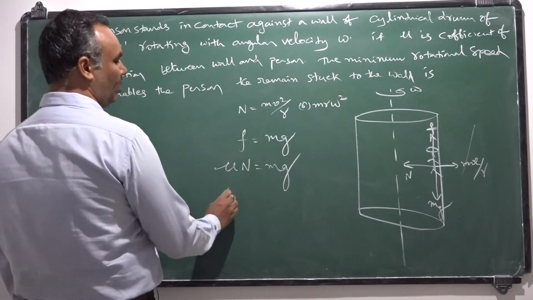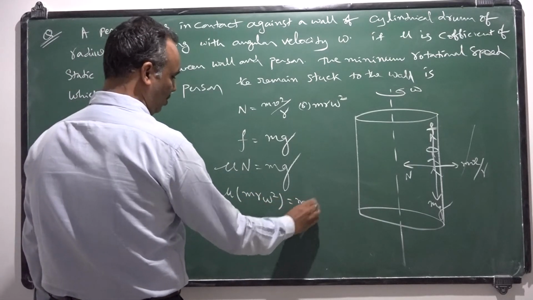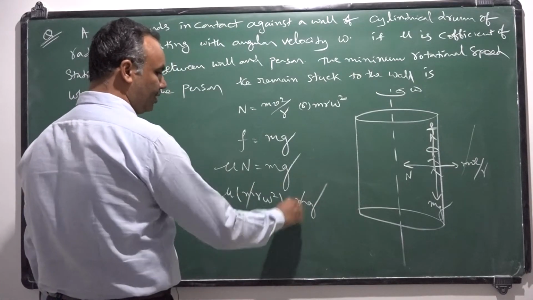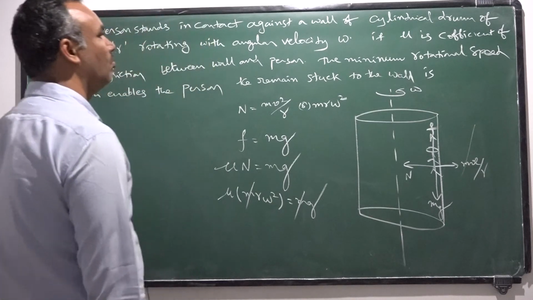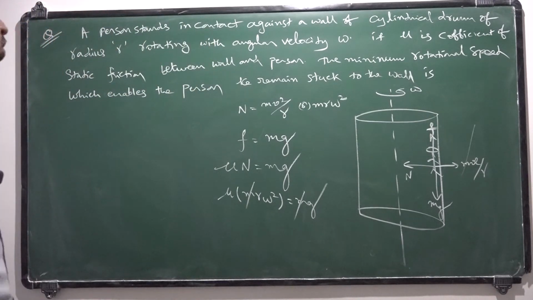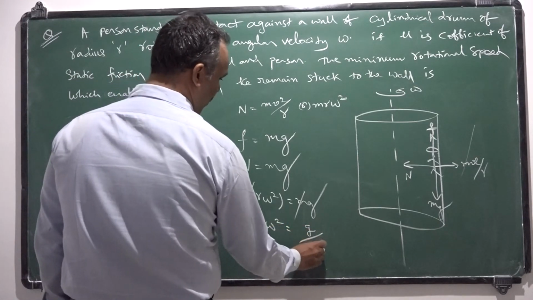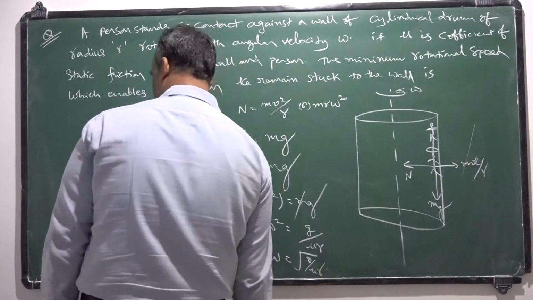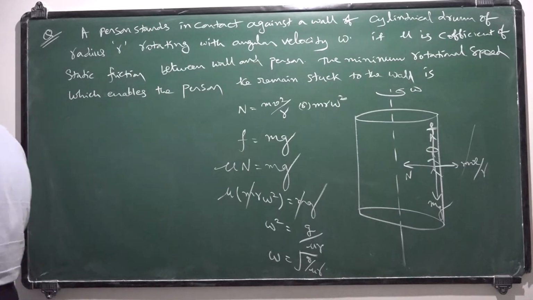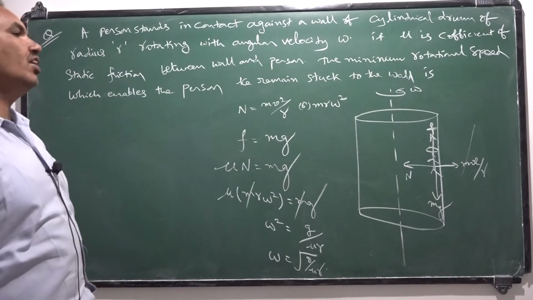The normal reaction required is m r omega square, so mu m r omega square is equal to mg. m gets cancelled. So omega square is equal to g by mu r. Omega is equal to root of g by mu r. This is the minimum angular velocity which is required to keep the person stuck onto the wall of the rotating drum.